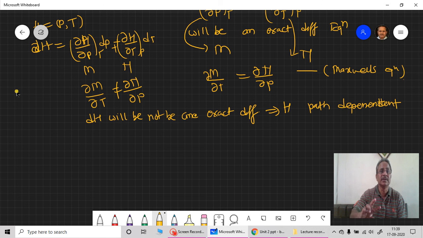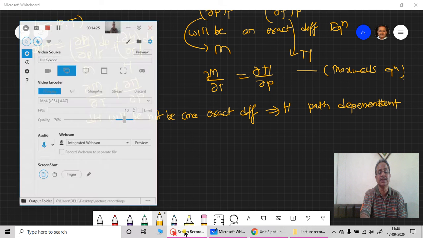So whether a function is determinable or non-determinable will be decided by whether the differential is exact or not. If it is an exact differential, then it is determinable. If it is not, then it is non-determinable. That is to be understood from this concept of exact differential.